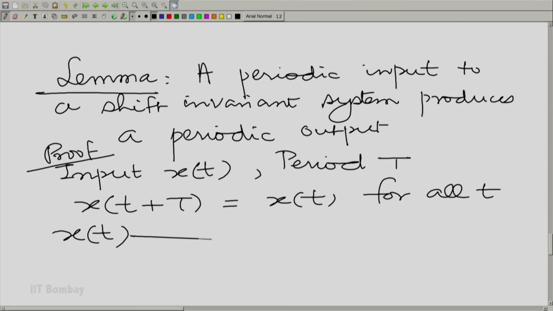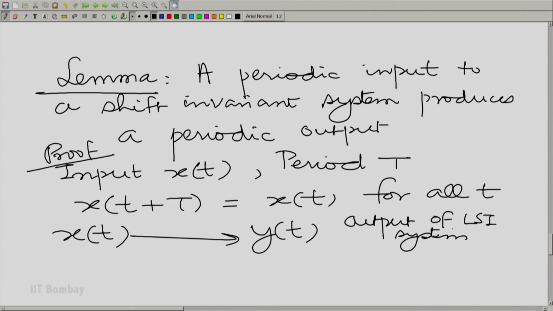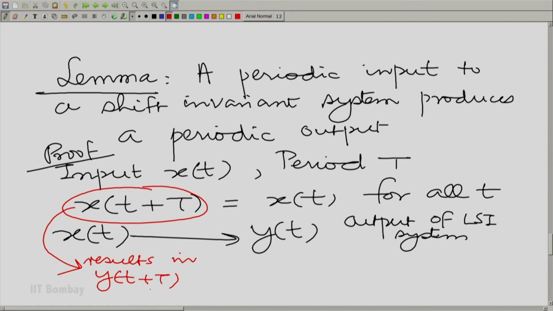Now, let x of t result in y of t as the output of the linear shift invariant system. Now, from shift invariance, what do we infer? x of t plus capital T should result in y of t plus capital T because of shift invariance.